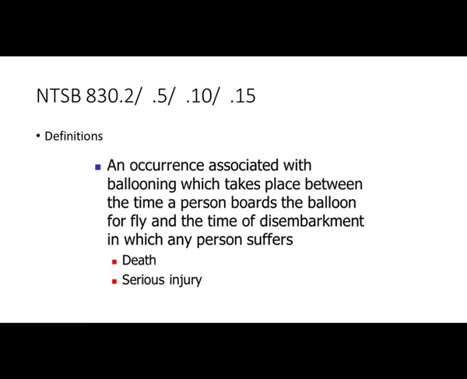Then an incident means an occurrence other than an accident, associated with the operation of an aircraft, which affects or could affect the safety of operation. You need to notify the NTSB under Regulation 830.5. That's immediate notification.